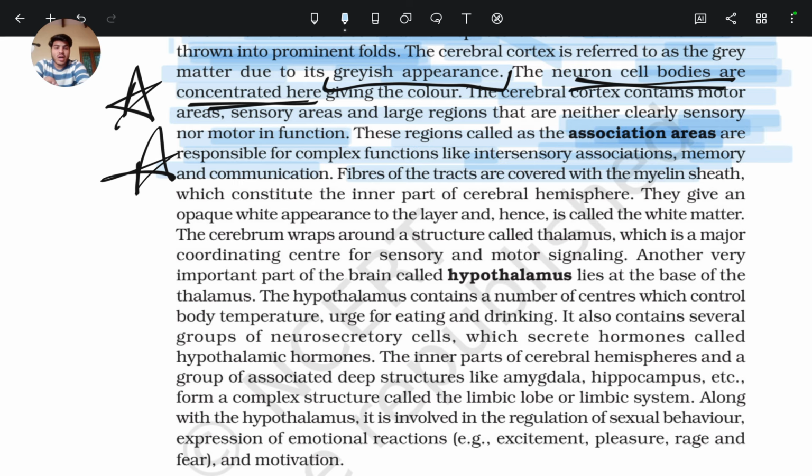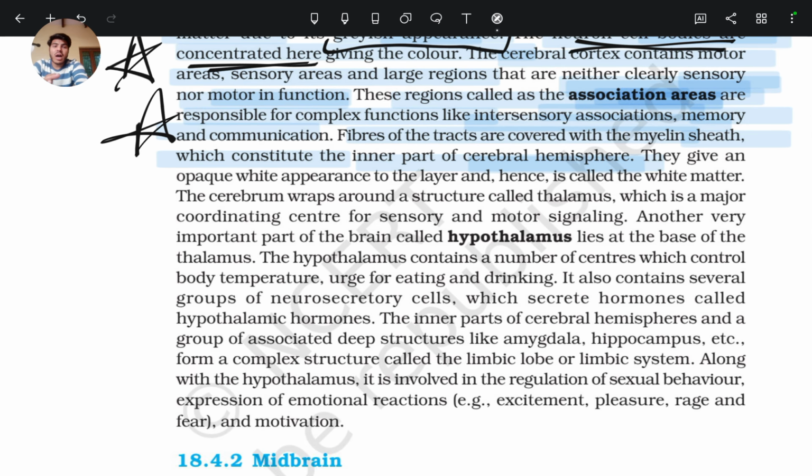Fibers of the tracts are covered with the myelin sheath, which constitutes the inner part of the cerebral hemisphere. They give an opaque white appearance to the layer and hence it is called white matter.